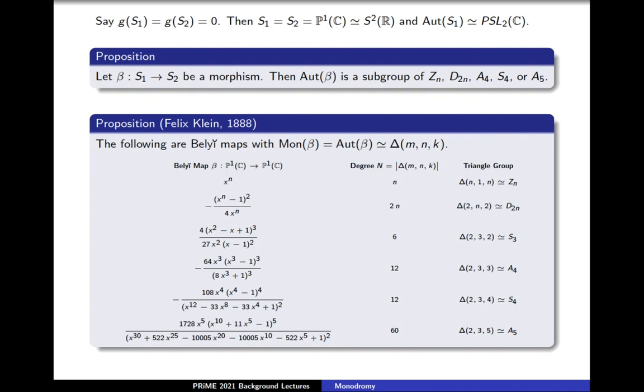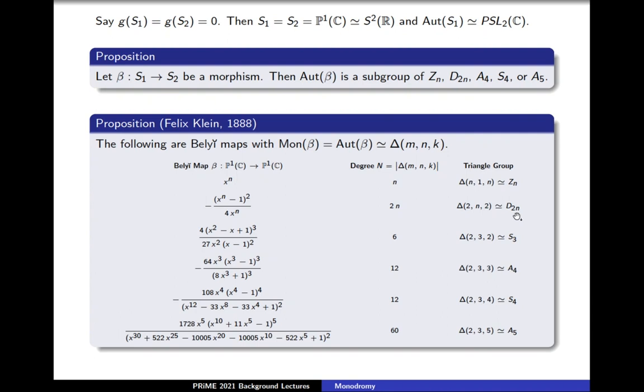Next, we have the following proposition due to Felix Klein in 1888. So we have the following Belyi maps with their monodromy of beta equal to the automorphism group of beta equal to the triangle group Delta M and K. So for example, if we take x to the n, then this will have degree little n, and the triangle group is Delta of n, 1, n, which is the cyclic group of order n.